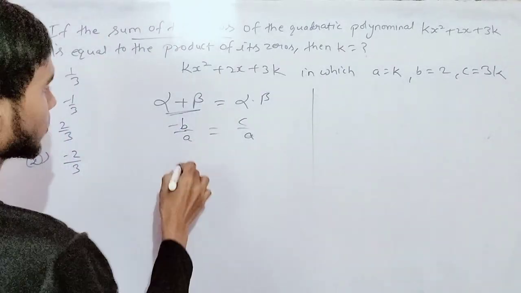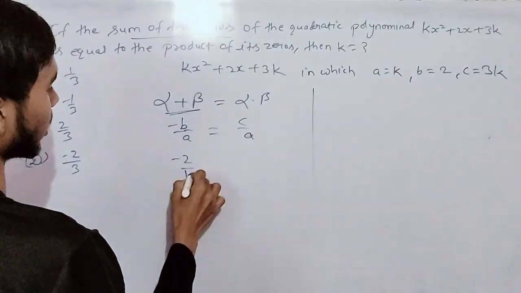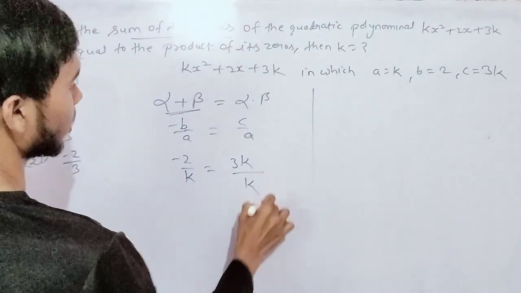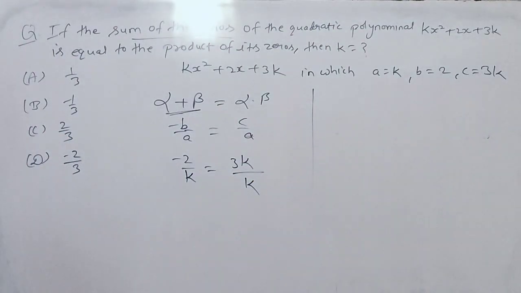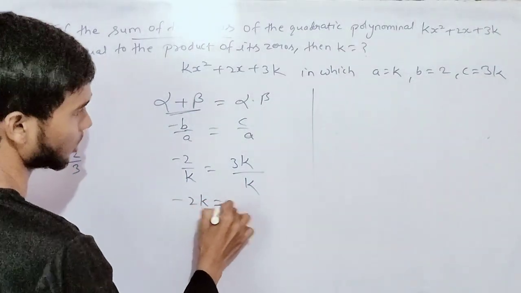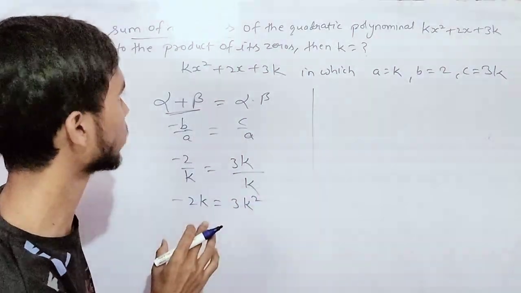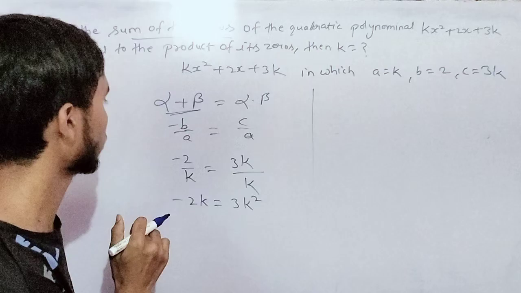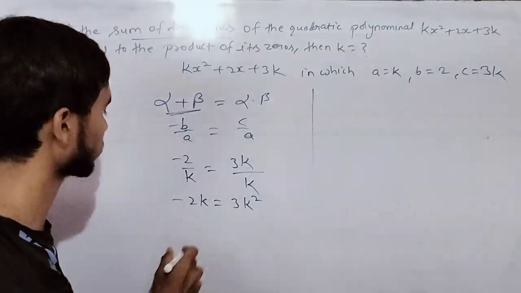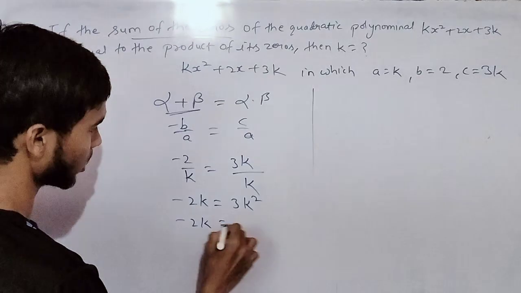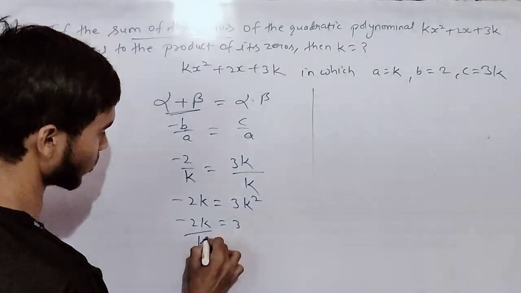Now the value of b is -2, a is k, c is 3k, a is k. From this we are getting -2k upon k square, equal to 3k upon k square.